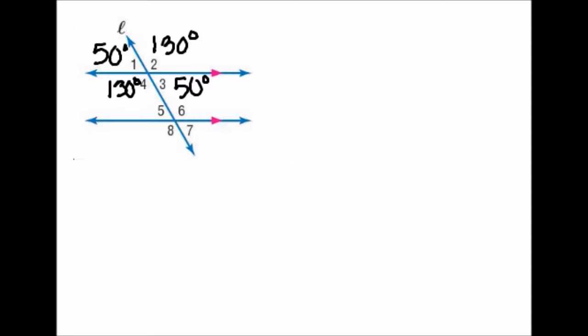You can also see another special relationship called vertical angles. Vertical angles are formed when two lines intersect. They are the angles that are directly across from each other, and they're also congruent. Angles 1 and 3 are vertical angles, both measuring 50 degrees, and angles 2 and 4 are also vertical because they measure 130 degrees both.